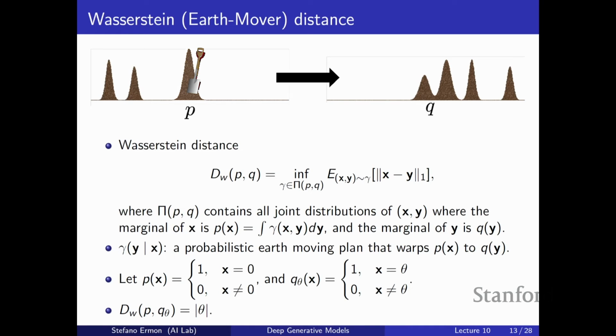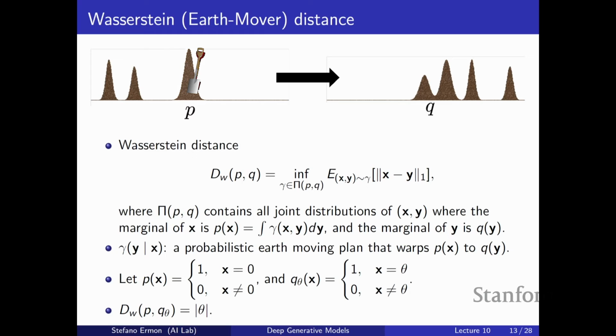So this is kind of like saying that if you think of gamma(x, y) as the amount of earth that is moved from x to y, then the total amount of earth that you move has to be the amount that you had to begin with.